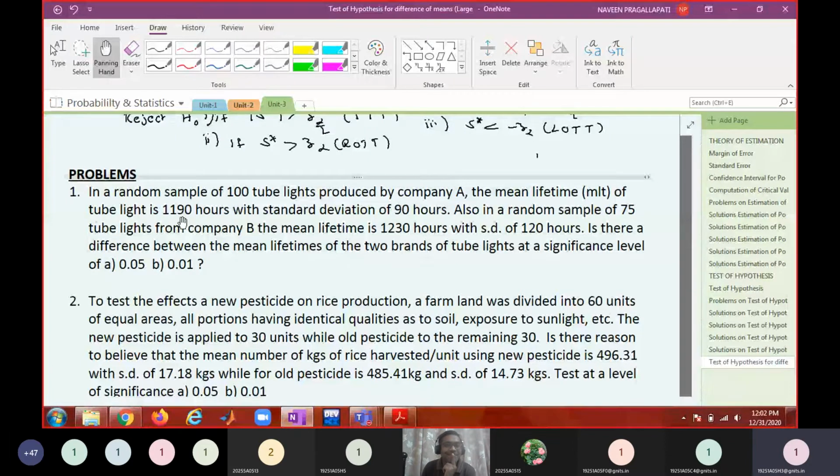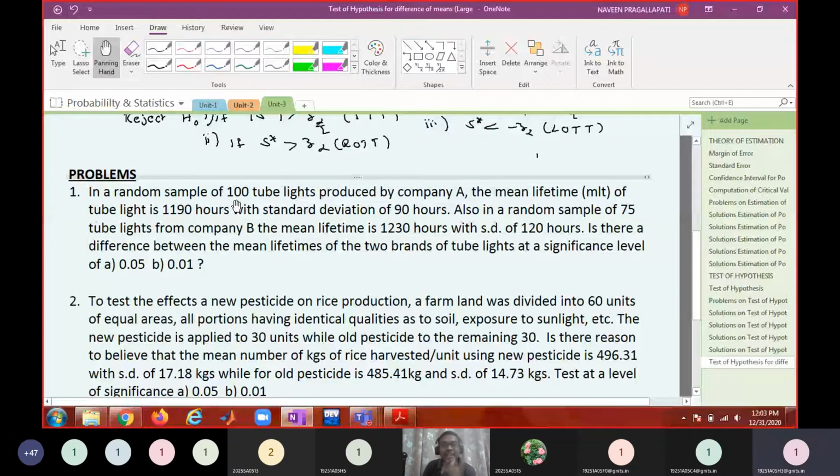What does this 1190 refer to? mu1, sir. If it is mu1, then why make the hypothesis? X1. See, this 1190 is the average of how many bulbs? 100 bulbs.